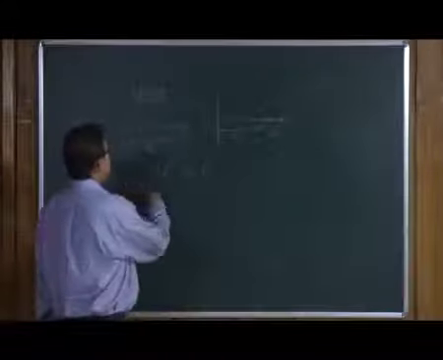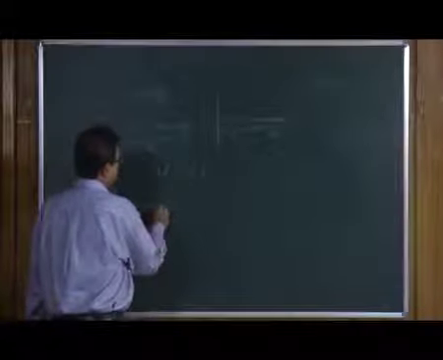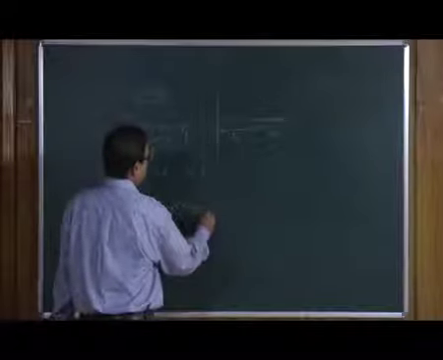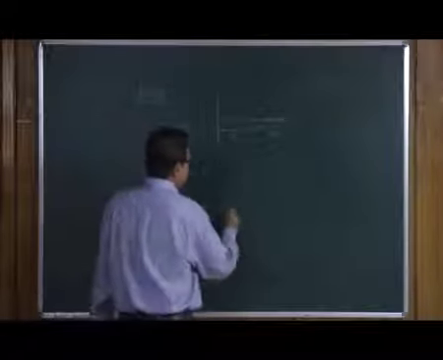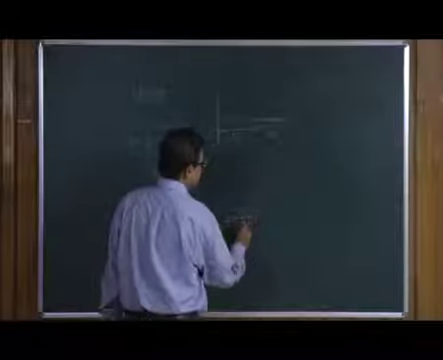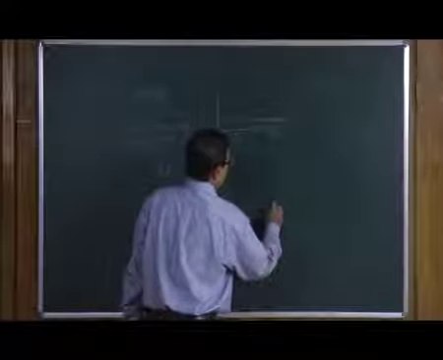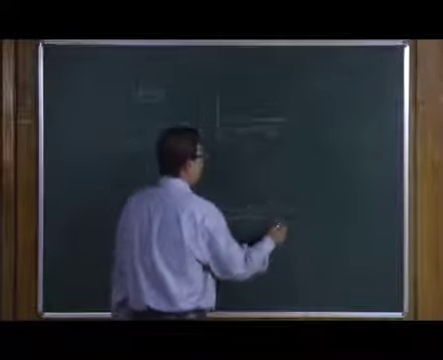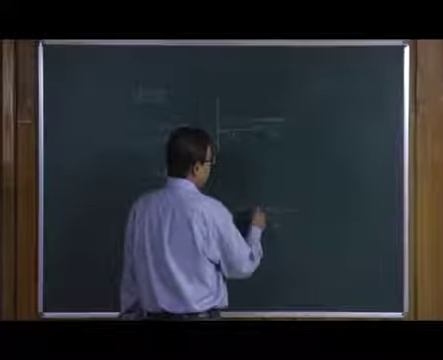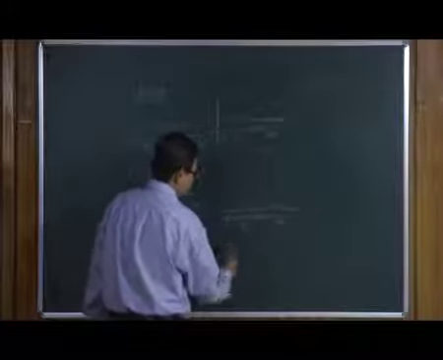Now, take another example in which there are two springs which are acted upon by a force F. Each will have, assuming that their unstretched lengths are the same, they extend by the same amount for each one of them, which is delta L, which we can show in a different way.